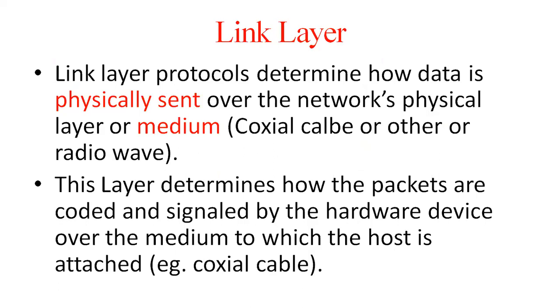The layer determines how the packets are coded and signaled by hardware devices over the medium to which the host is attached. In the OSI reference model this is called the data link layer. Our physical layer and data link layer come under the link layer concept.